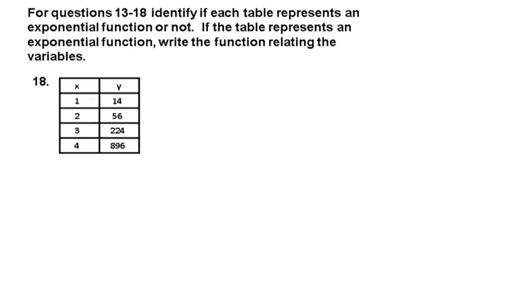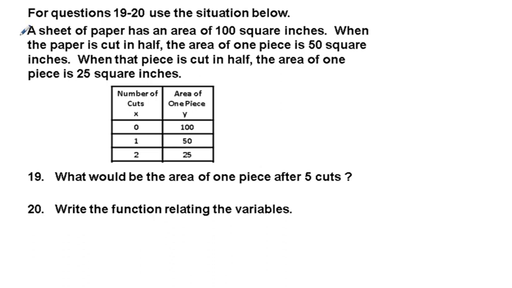Okay, next, let's look at problem 19. And 19 is part of a set, really, in that for 19 and 20, use the situation below. This is a sheet of paper having an area of 100 square inches and cut in half every time. We can see a pattern here where to get from 100 to 50, we are multiplying by 1/2. Likewise, to get from 50 to 25, we're multiplying by 1/2.